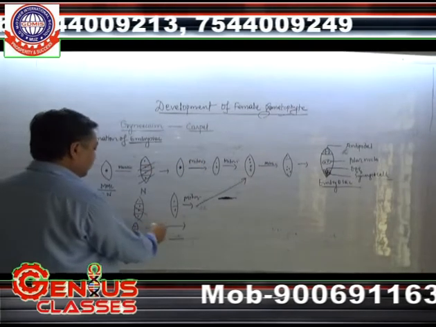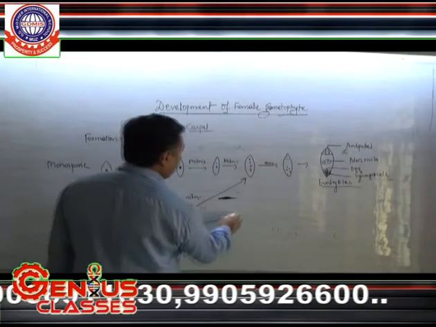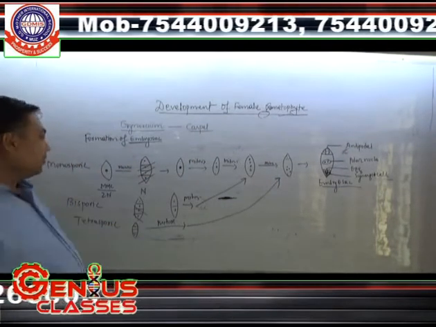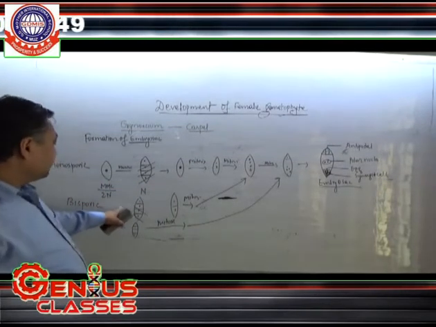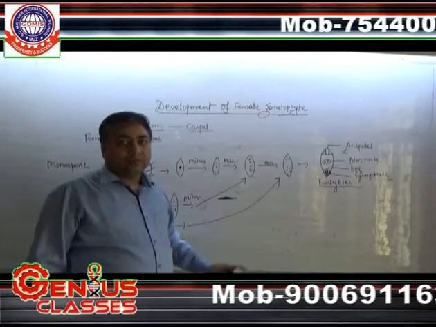Here 4 will go for mitosis and directly enter the division. So this was monosporic embryo sac formation, this was bisporic, and this is tetrasporic embryo sac formation.